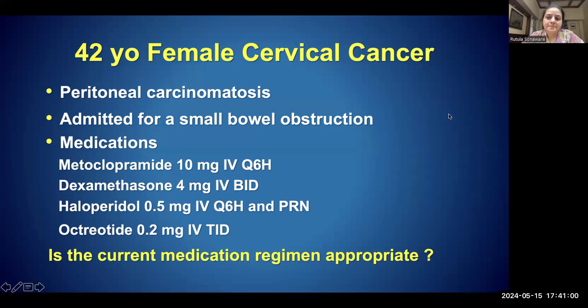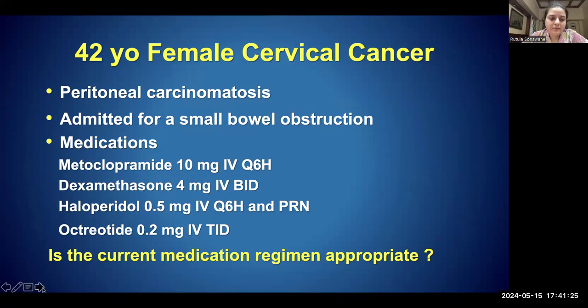Is this correct? Basically, I feel the history is not complete. We don't know if it's a partial or a complete bowel obstruction.